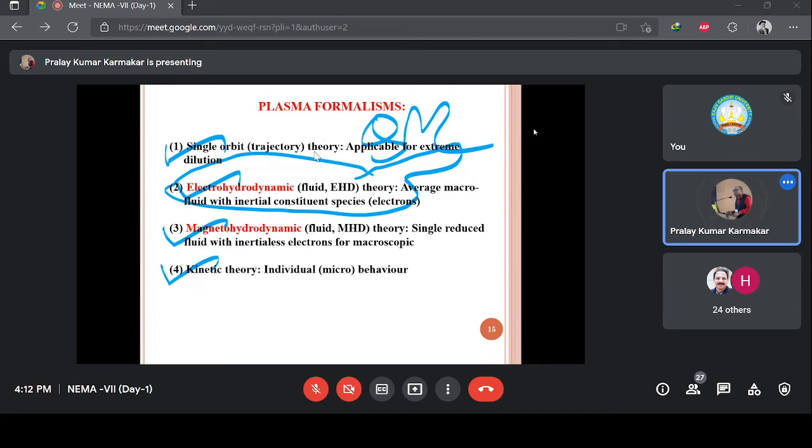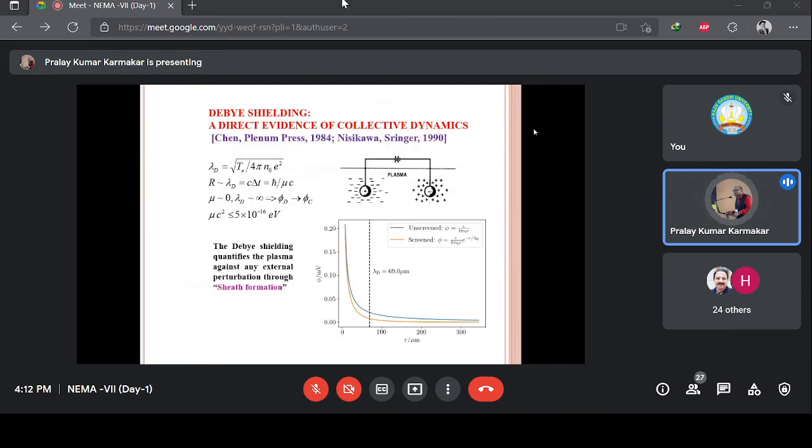Another most important, unique property of plasma dynamics, as I mentioned at that time. What is that? Whatsoever be the polarity, if we apply a potential in the plasma, what would happen? The opposite charges come to screen it out. This screening is called Debye screening.